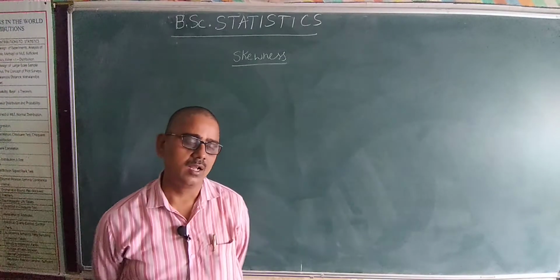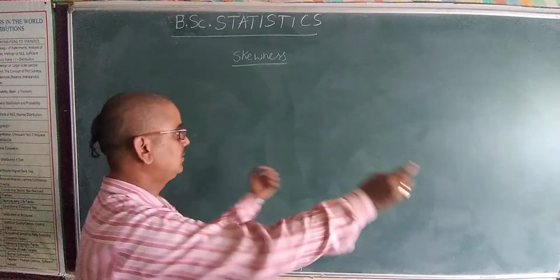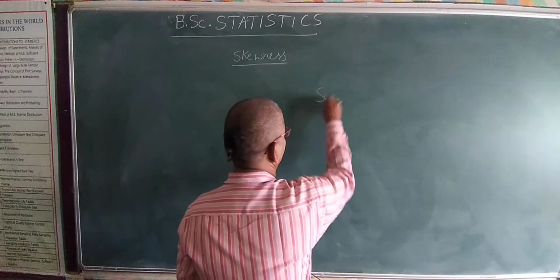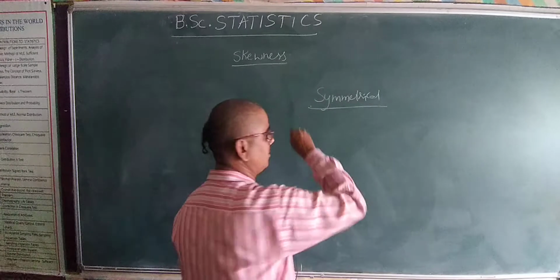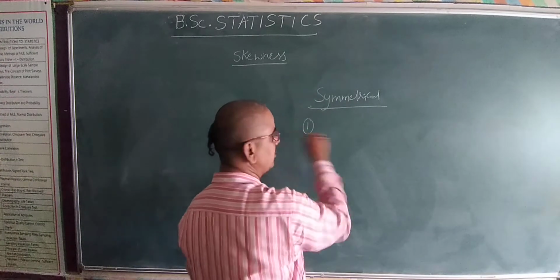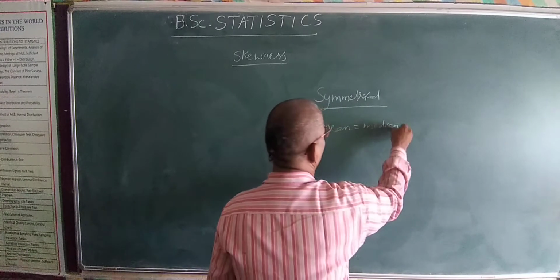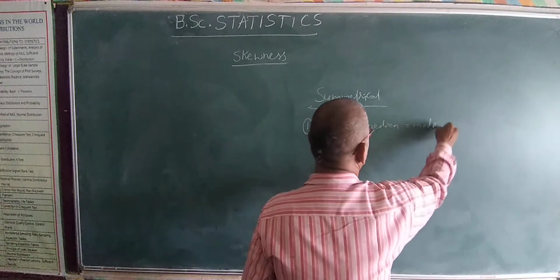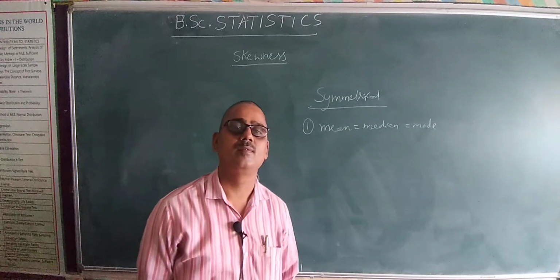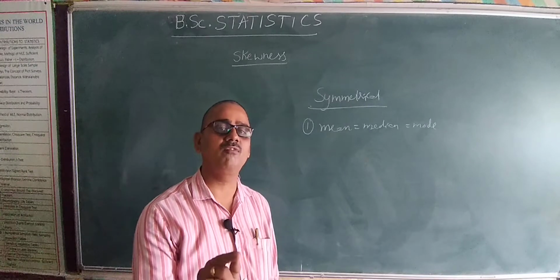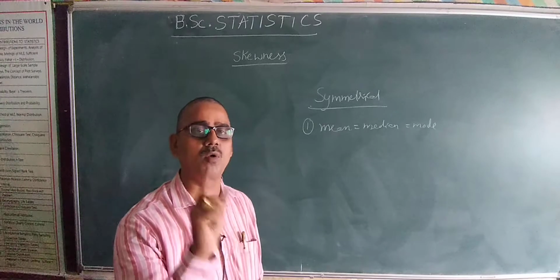Definition number 1: mean, median and mode coincide. The distribution is symmetrical if mean, median and mode coincide, that is, are equal.